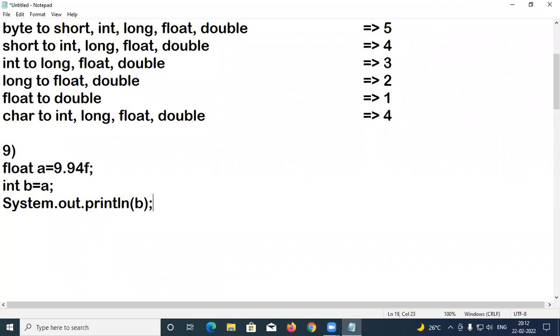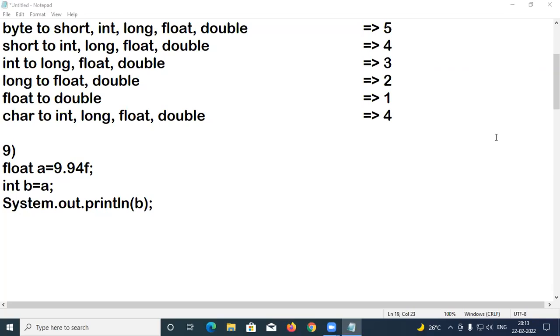Valid or invalid? Okay, 1 minute. How many people answer valid? Raise your hand. No one is there? No one. Okay, online 9 members, 10 members. Online students 9 members. Offline 1 person.